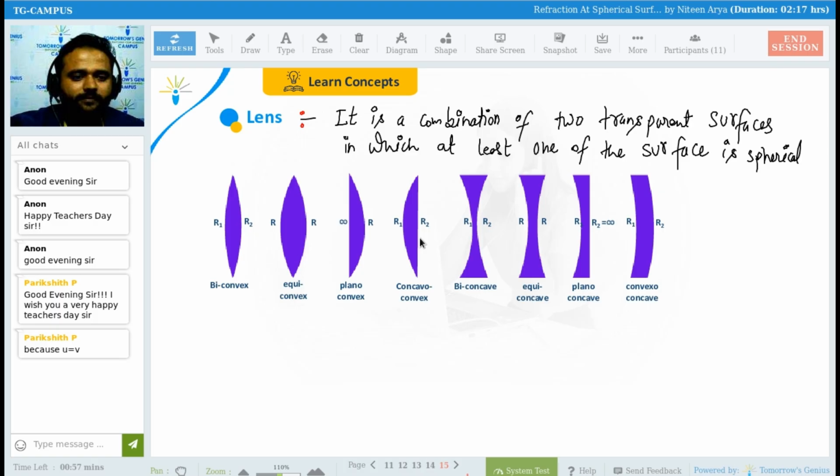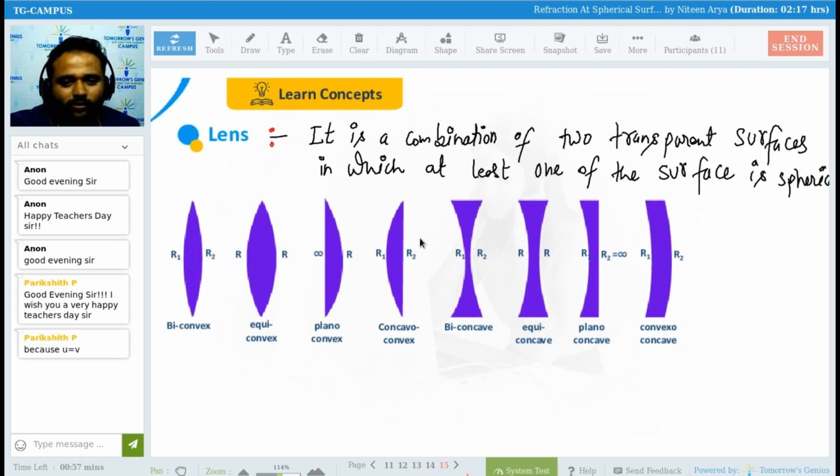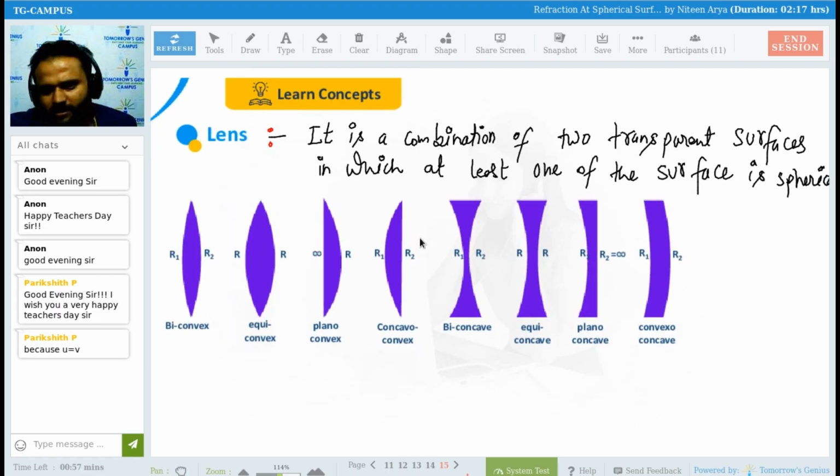Clear, everyone? The definition is not something anyone is going to ask.